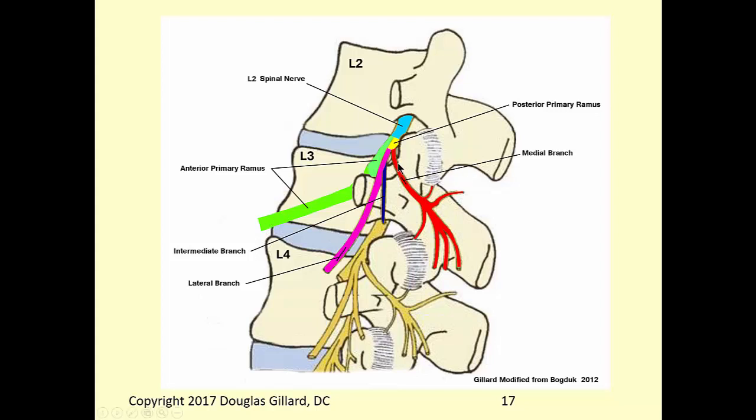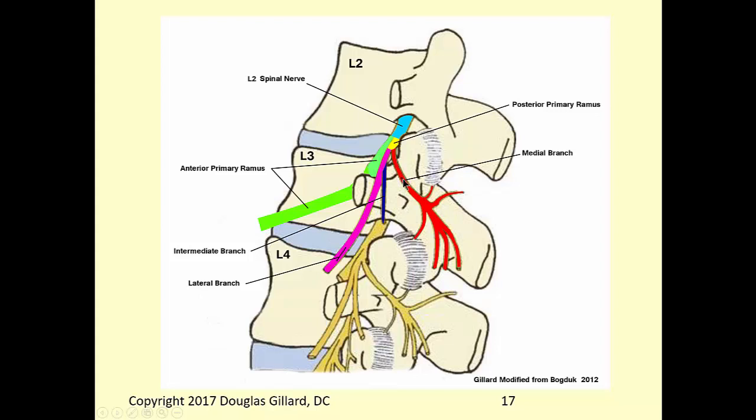It splits almost immediately as well into a lateral branch. So this is coming out of the plane of the page. See the transverse process here? The lateral branch can sometimes have a medial or intermediate branch, and these supply the erector spinae muscles, the iliocostalis lumborum, longissimus thoracis. Remember those guys?